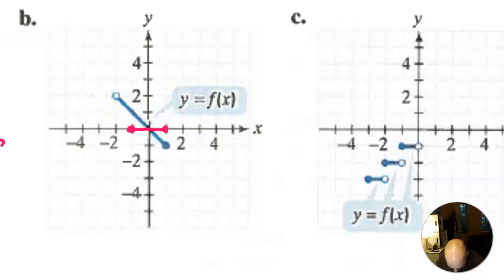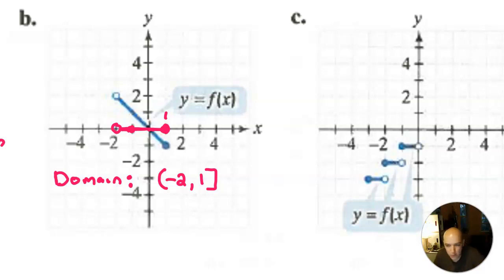So instead, to fix that, we're going to put an open circle or a parenthesis at -2 and say that the entire domain goes from -2 up to 1. So the domain, and I'm just going to do intervals, is (-2, 1]. And we do a parenthesis because that correlates with the open circle, which means that -2 is not included, but -1.99998 is included. Let's look at the range.